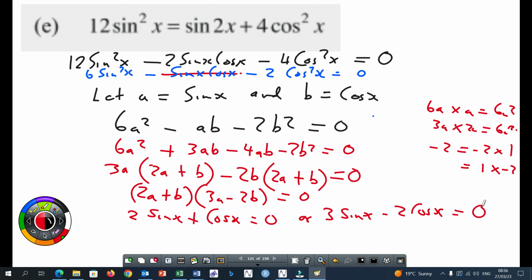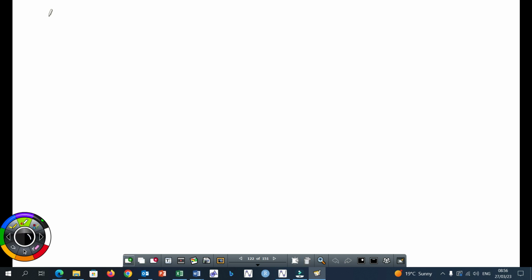Right? Now, I know that once I've got a combination of cos and sine like that, I have to create tan. So the first one we'll get 2 sine x equal to minus cos x.